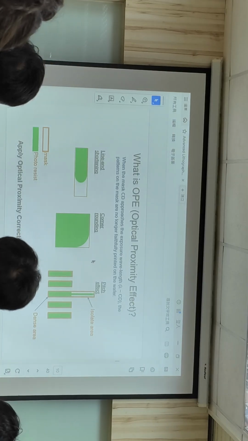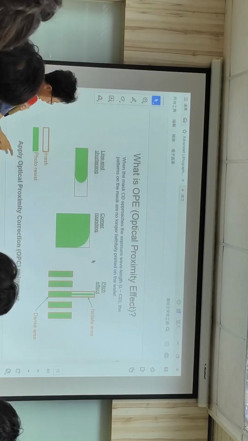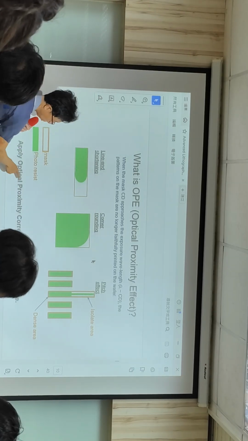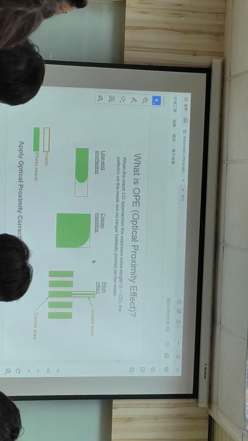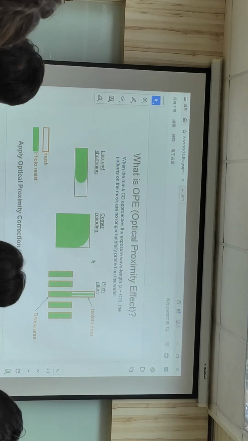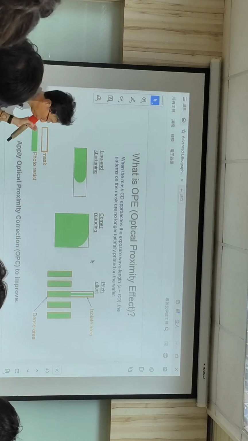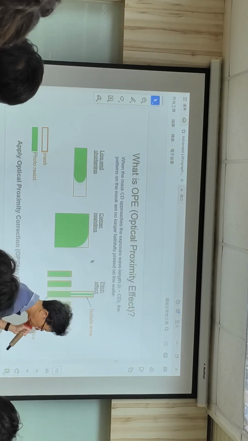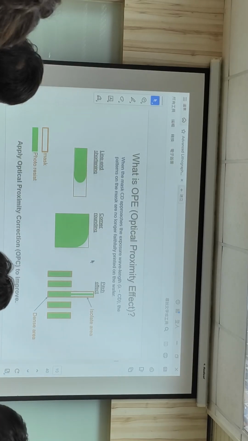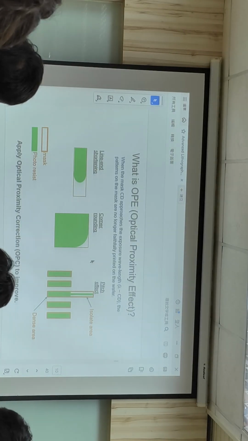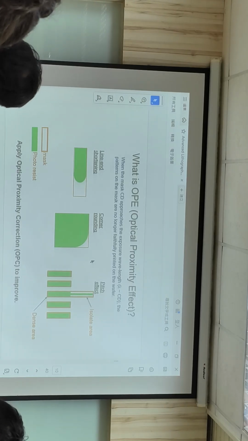So we need to apply what we call OPC, optical proximity correction, to mitigate these issues. There are three main types: line shortening, corner rounding, and ISO dense bias.